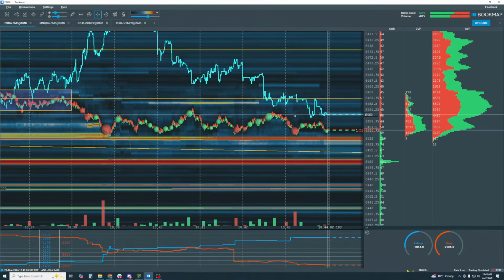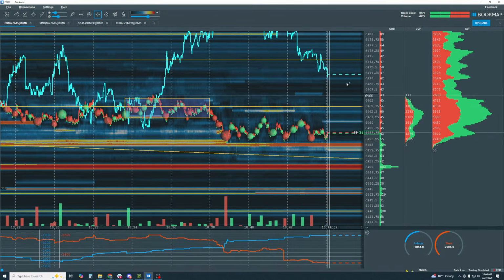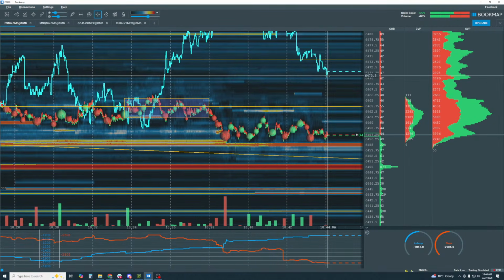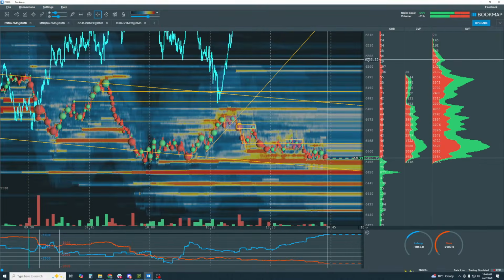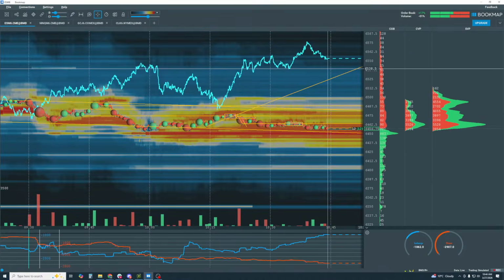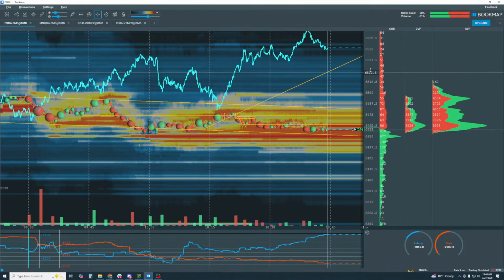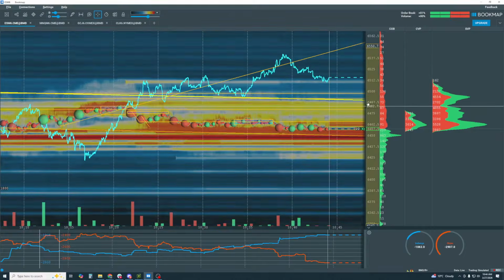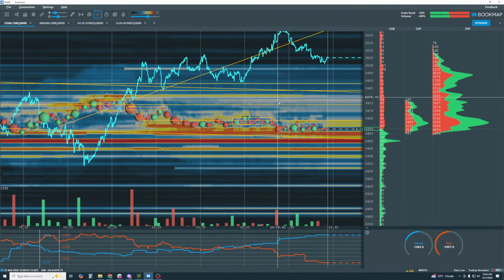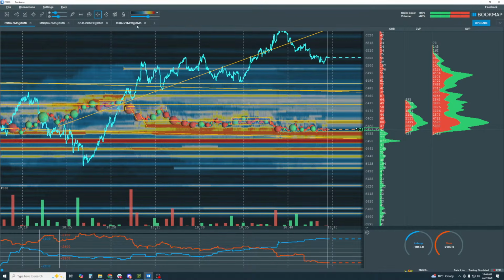Okay, with this correlation here, let's see if we can see it going down a bit. Let's zoom out a little bit more here. Actually, why don't we do this?